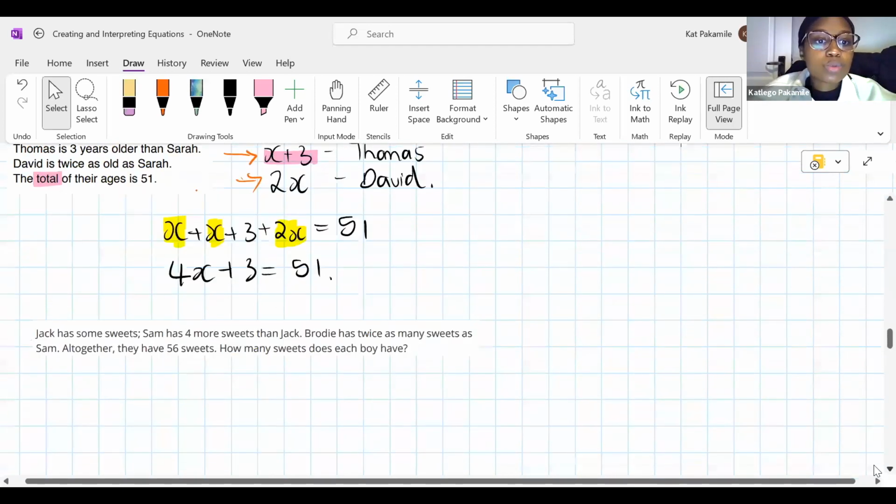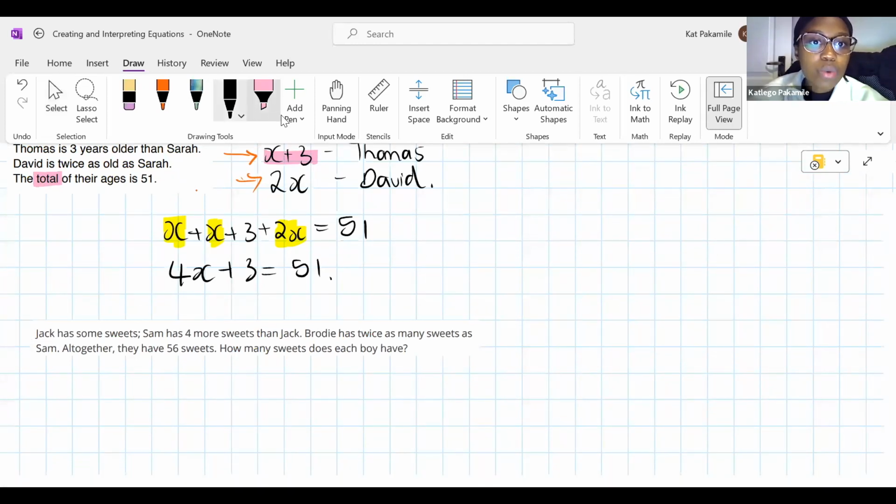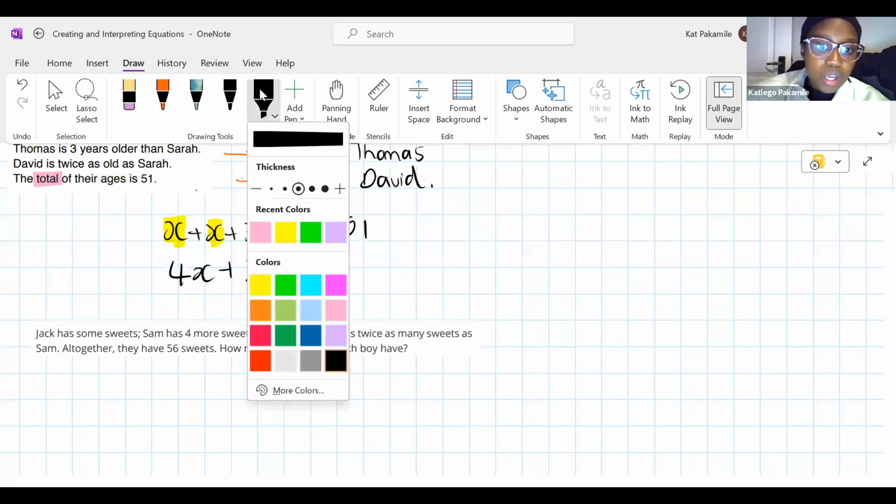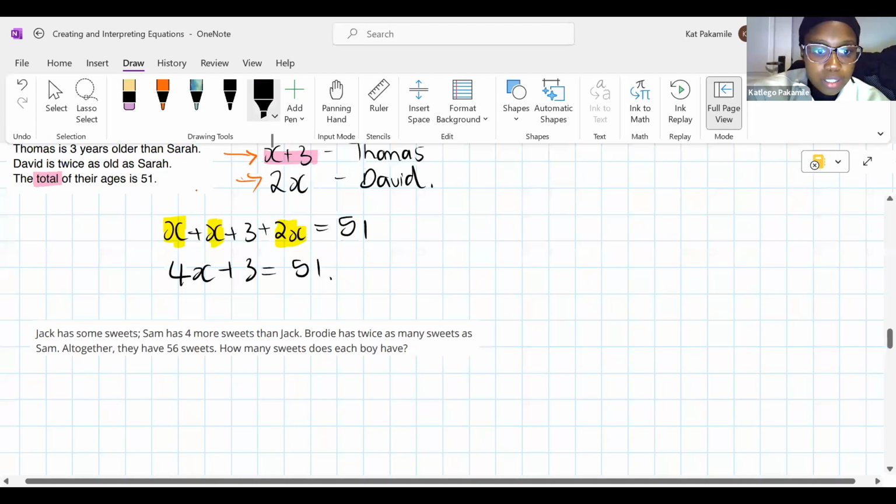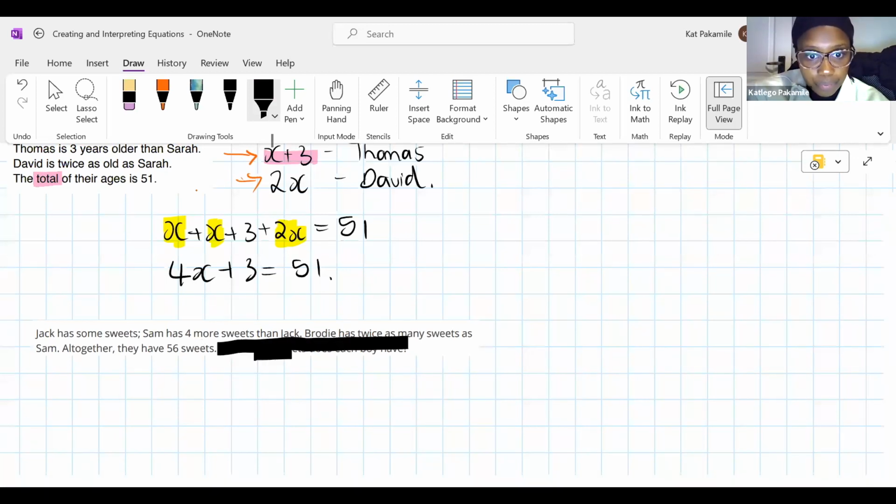Sam has 4 more sweets than Jack, and Brody has twice as many sweets as Sam. Altogether, they have 56 sweets. How many sweets? Okay, no, we don't want the how many. That is next week's lesson. We just want an algebraic expression to represent this information. Okay, let's hear what you got.